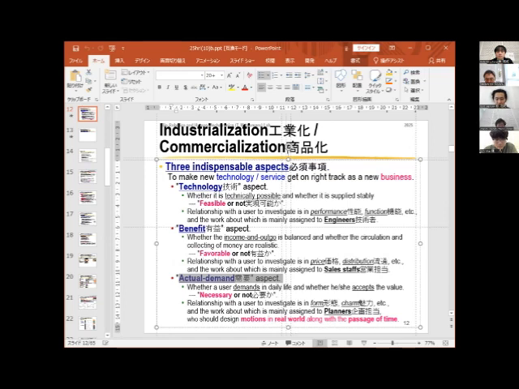How do you think about the function of this kind of actual demand? Okay. I think that it is a good idea because before developing a project, the first step is to consider the demand of the user.